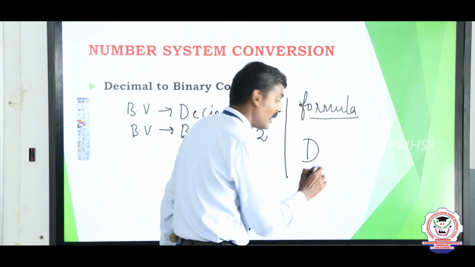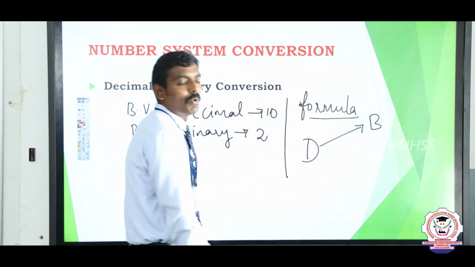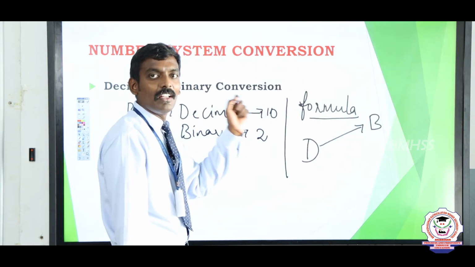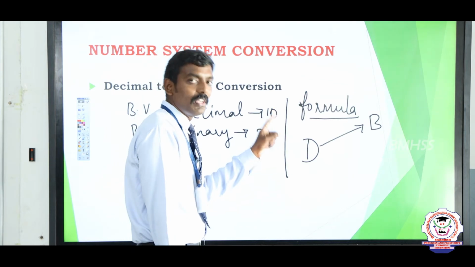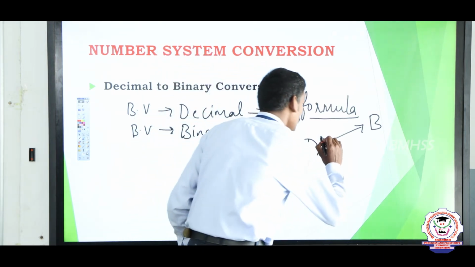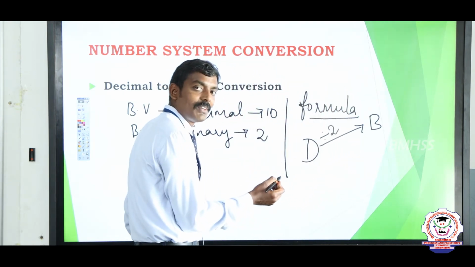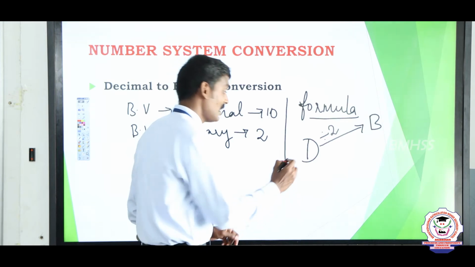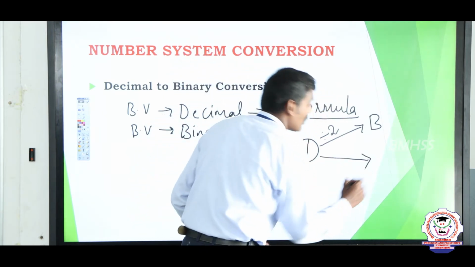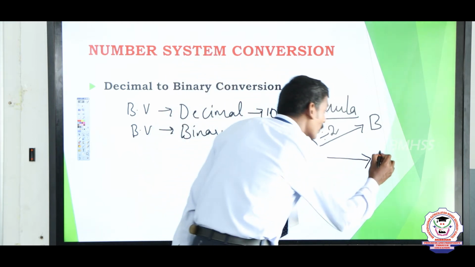Now we convert decimal to binary. What is the base value of binary? That is 2. The decimal value is divided by the base value of the binary number system, that means divided by 2. Next, to convert decimal to octal, it is very simple, the same process. What is the base value of the octal number system? Very good, 8.